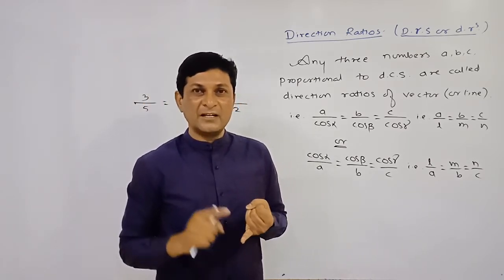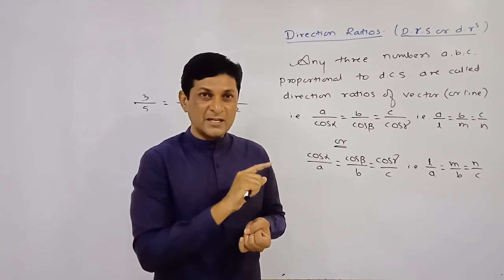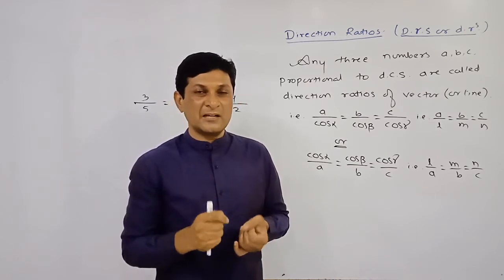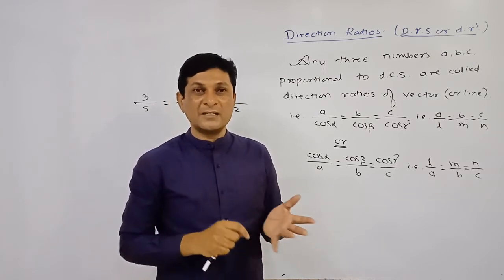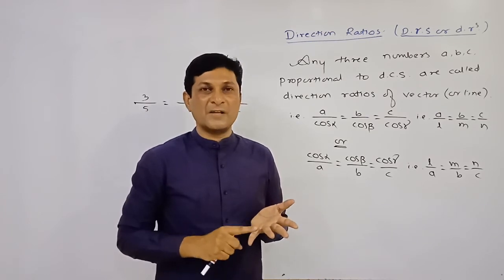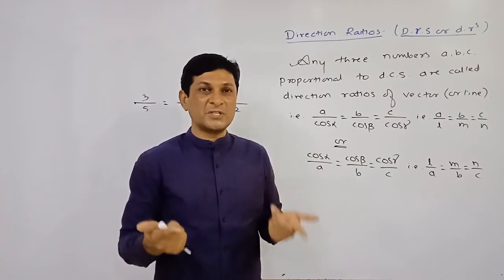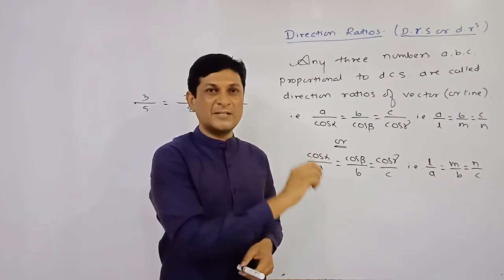So what have we studied here? Direction angle: the angle made by the line with the positive direction of the x, y and z axes. If we denote these angles by alpha, beta, gamma, then the direction cosines are cos alpha, cos beta, cos gamma. Direction cosines satisfy the condition cos square alpha plus cos square beta plus cos square gamma equals 1.